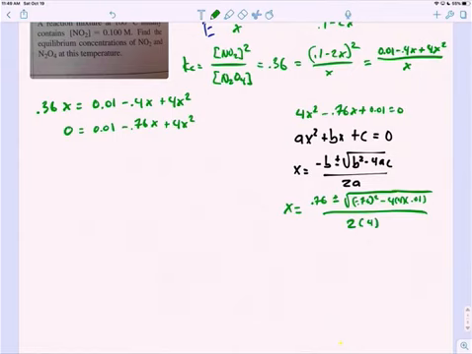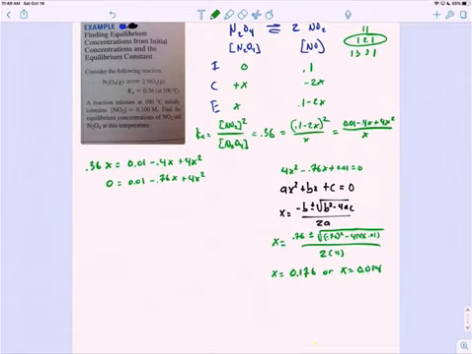So now you're going to get 2 answers. Plugging this in, you get x equals 0.176 or x equals 0.014. Now you have to figure out which one of these makes sense.